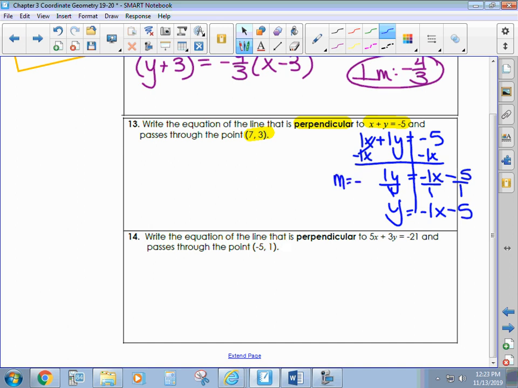Do you agree your slope is -1? So what would a perpendicular slope be? +1. So y minus 3 equals 1 times x minus 7.